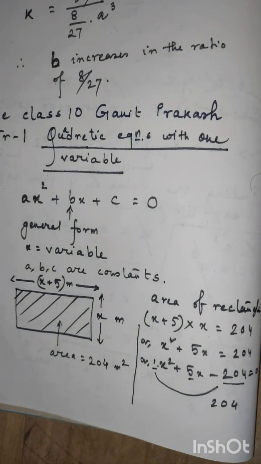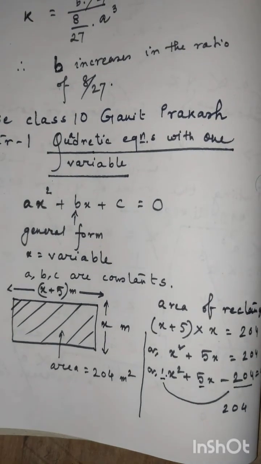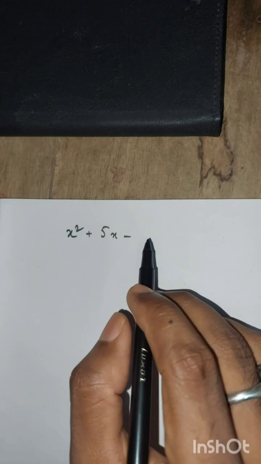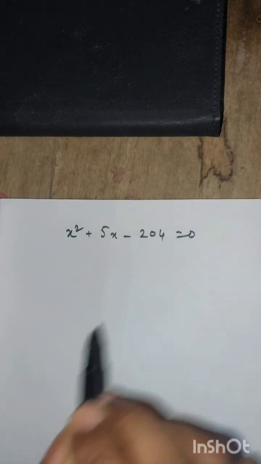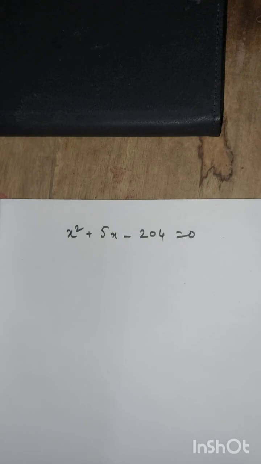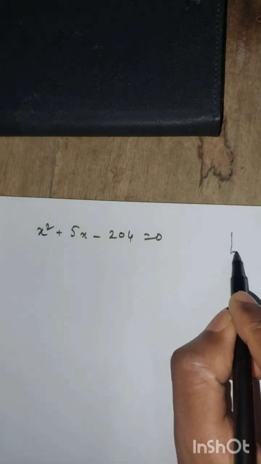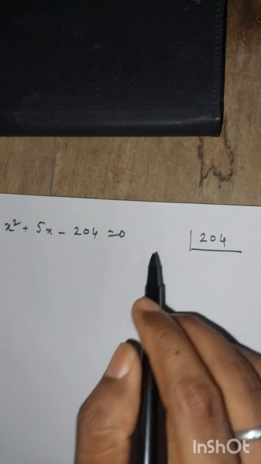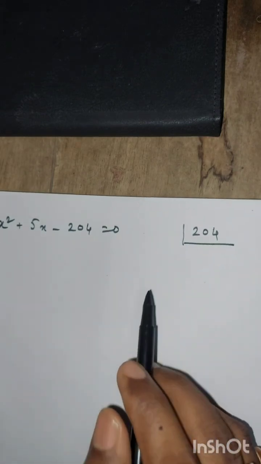Let us see how it is done. We are doing prime factorization of 204.